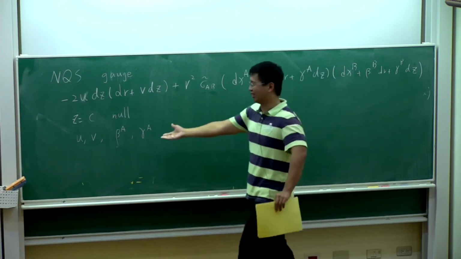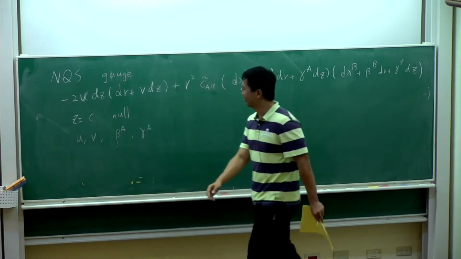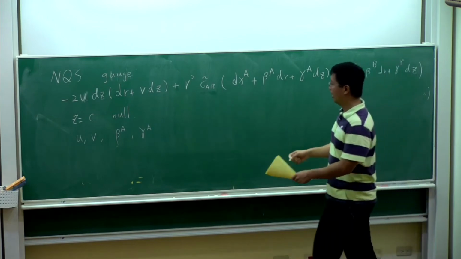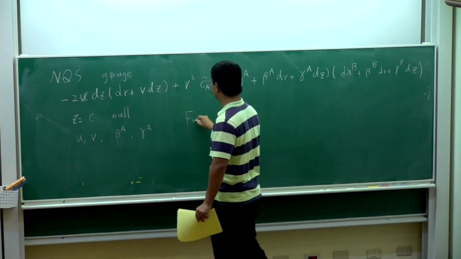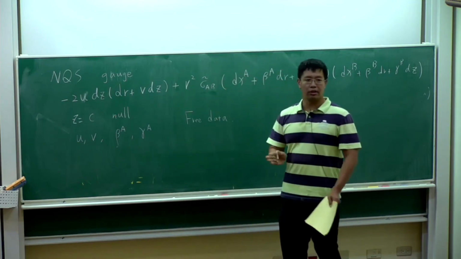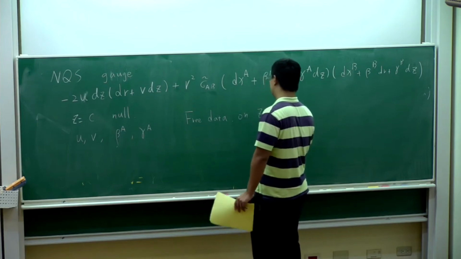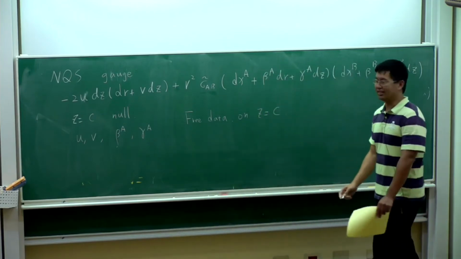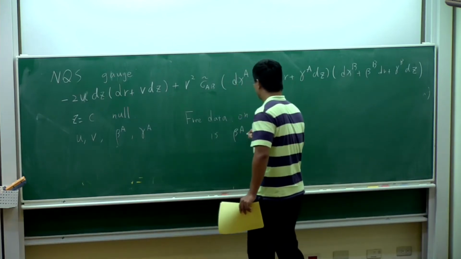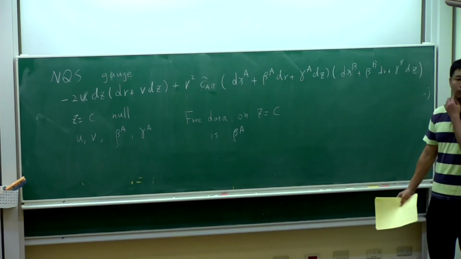Obviously, beta was a function in the boundary X setup, and u was a coordinate, but the free data that we can choose on a null cone, so null hypersurface, is this vector beta_A. Okay.